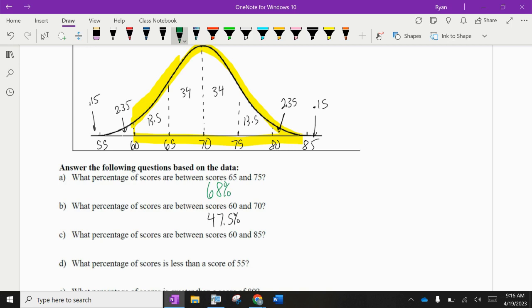Is it 97.35? Add up those percentages. Okay, next question. What percentage of scores is less than a 55? 55 to the left, that is the very small 0.15%. Not many people score below a 55.